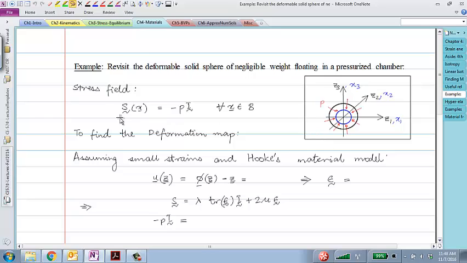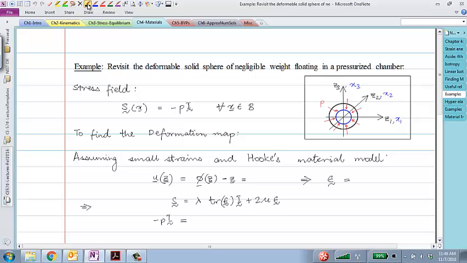And we said that the stress field is uniform everywhere in the body, minus P times I. And we assumed a deformation map. We said that the body would contract uniformly.